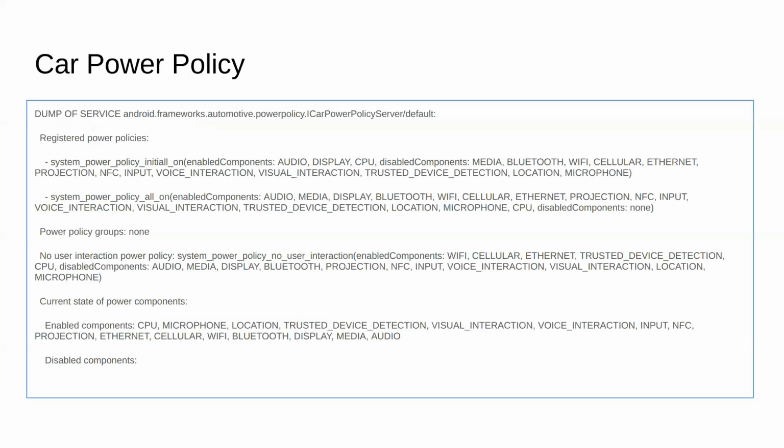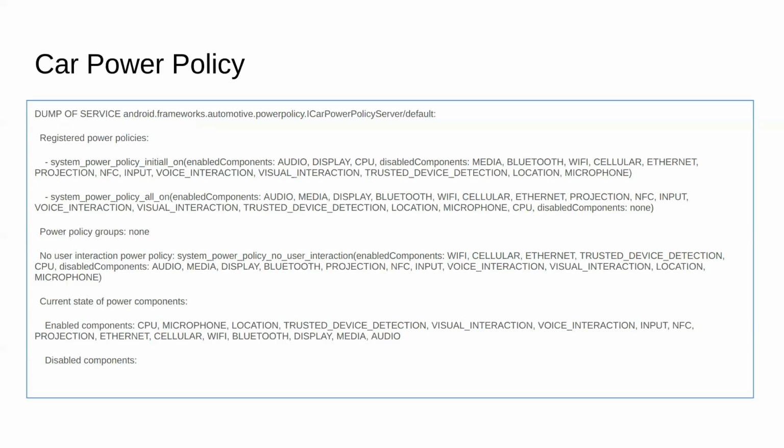So, with respect to car power, a lot of issues that we deal with daily with customers is that whenever you do ignition off or an ACC off, certain peripherals are supposed to be on and certain peripherals are supposed to be off.